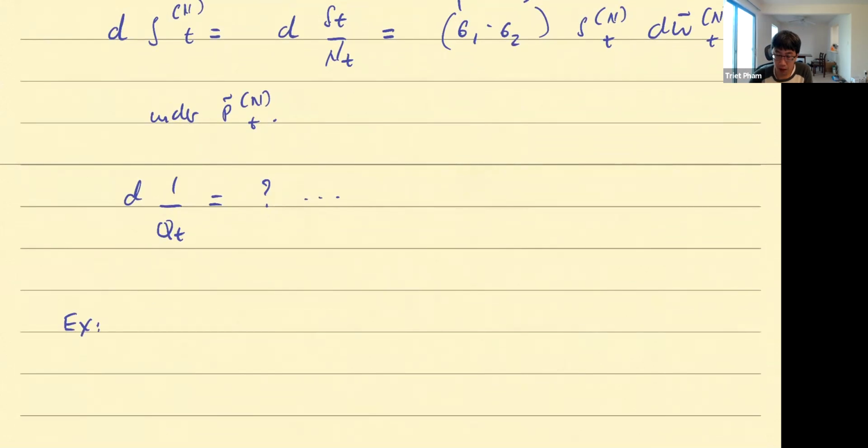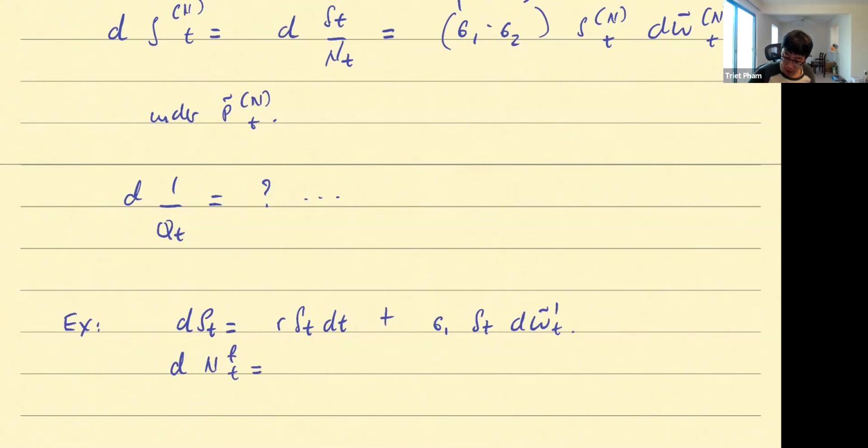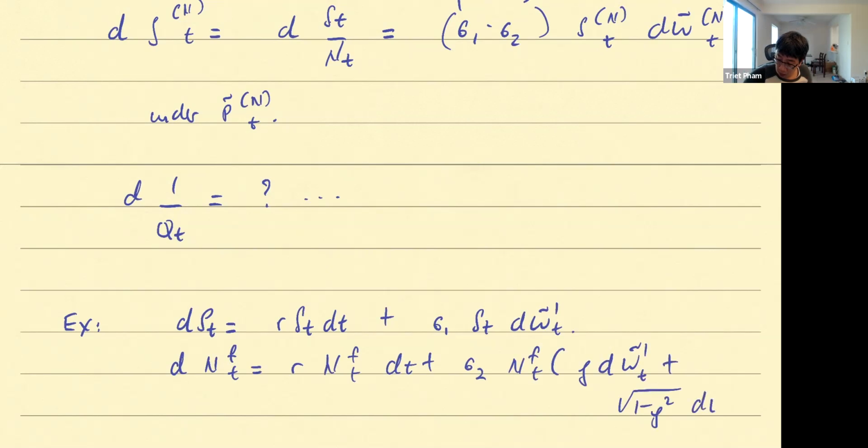Okay, so let's concretely look at the foreign exchange. Suppose that the foreign exchange model is this: dS_t is r S_t dt plus sigma 1 S_t dW tilde 1. The N^F_t is r N^F_t dt plus sigma 2 times rho dW tilde 1 plus square root of 1 minus rho squared dW tilde 2.